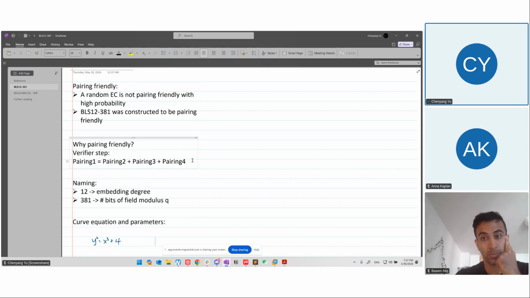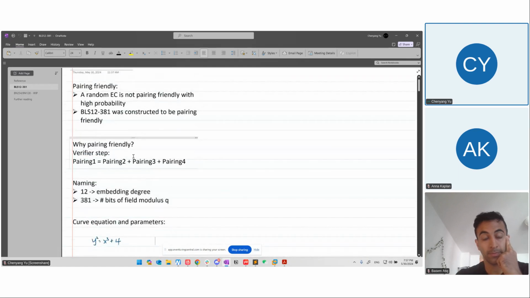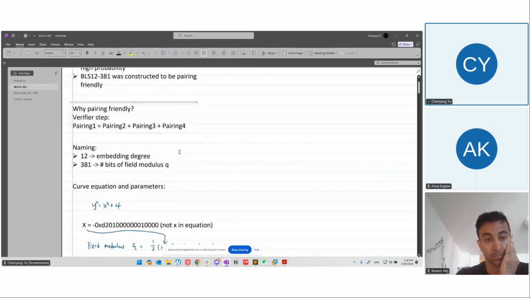Why do we want it to be pairing-friendly? Because in the last step of Groth16, you have this verifier step. You have to compute pairing 4 times, and then check the equality. So we want to minimize this step, so we have to use a pairing-friendly curve.